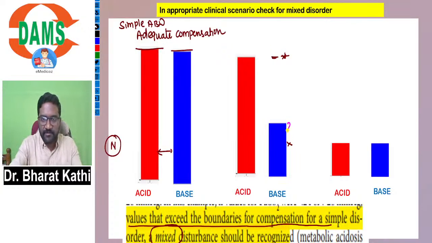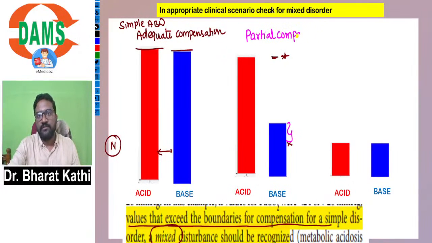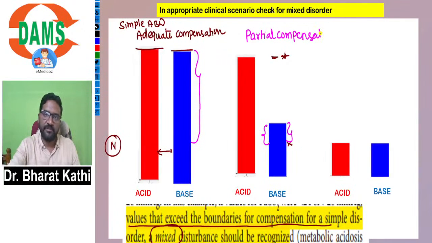It has only slightly increased. So this suggests a mixed acid-base disorder as per New Harrison. Because it has slightly tried to reach the compensation, in old books it is also called partial compensation. See here, if it has come to this level, it is full compensation. If it is only this, it is called partial compensation. Whereas this is scenario 2.